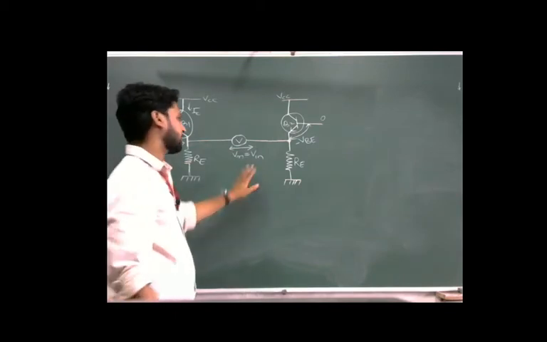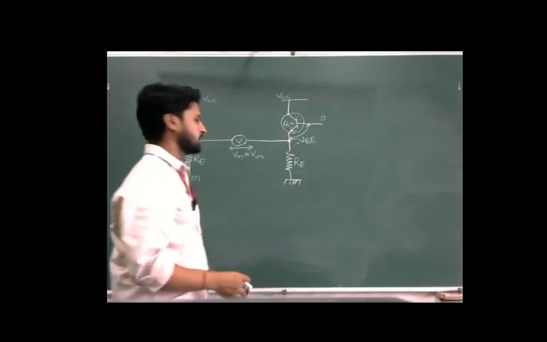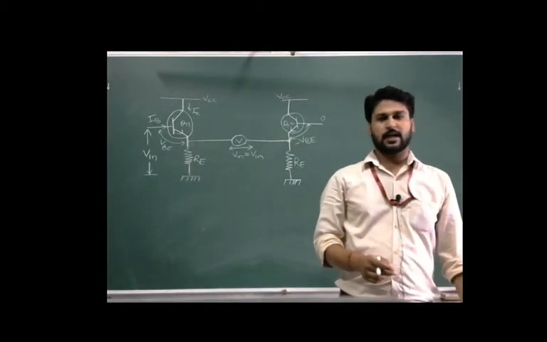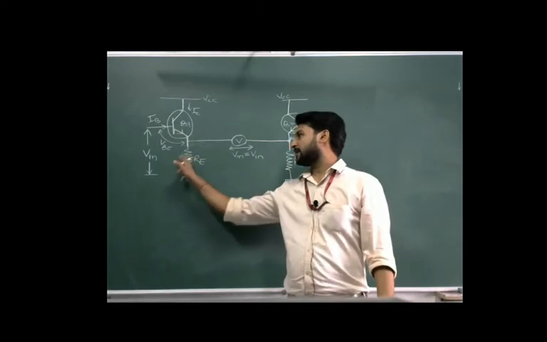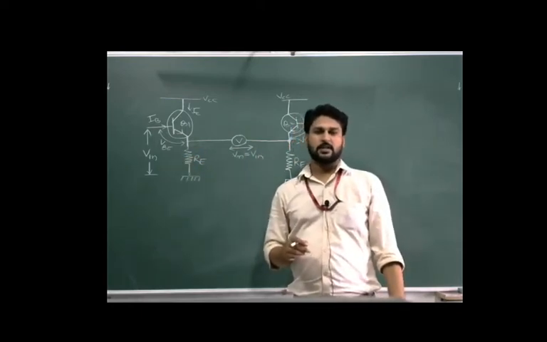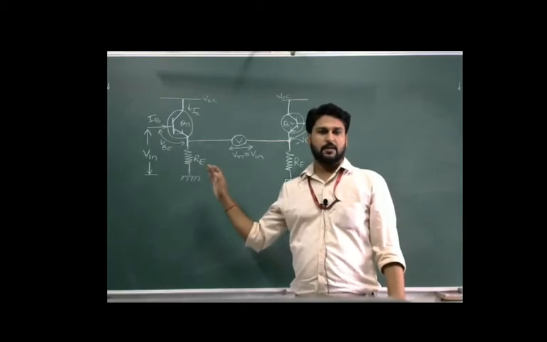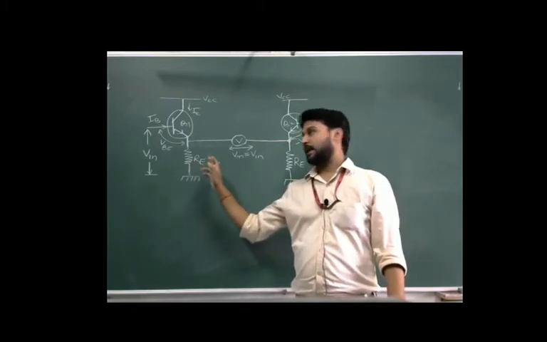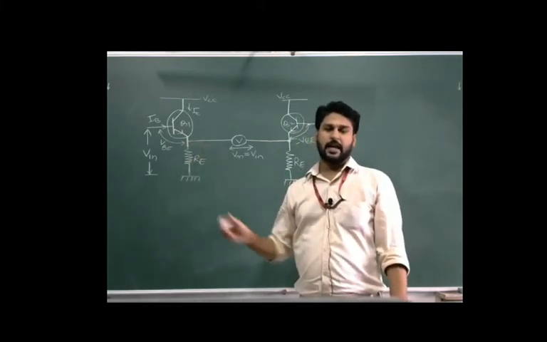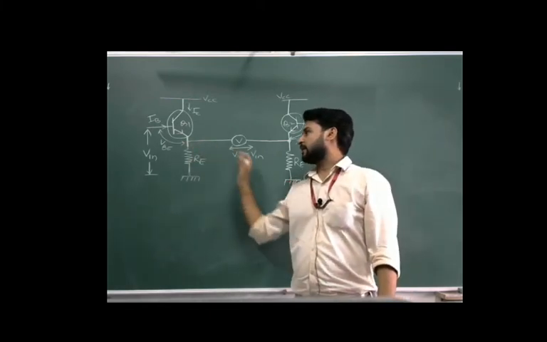But the problem is, how can we satisfy the condition that the transistors Q1 and Q2 will be similar to each other? How can we ensure this? This is a property of the material. We cannot always ensure that these two, even if they are made of the same material, are identical to each other.